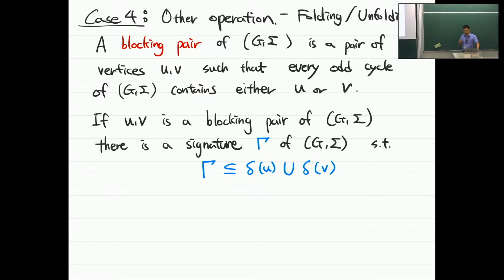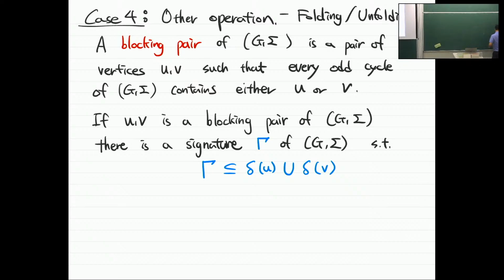Every cycle contains an even number of edges of the remaining signature, that means this remaining signature is a cut of the graph. And we keep this cut, and we are back to the original signed graph.